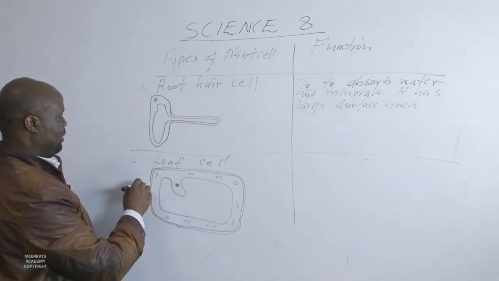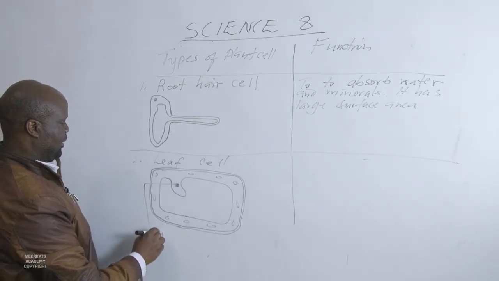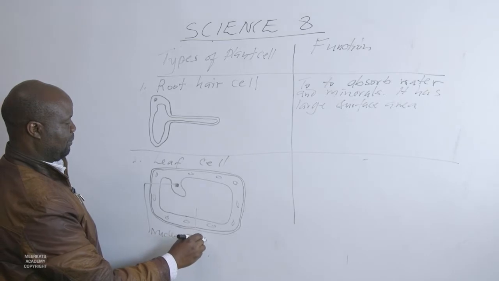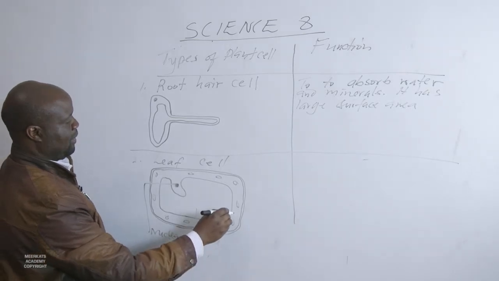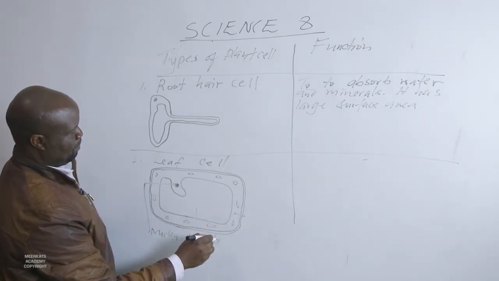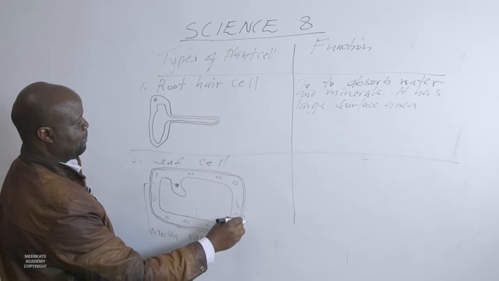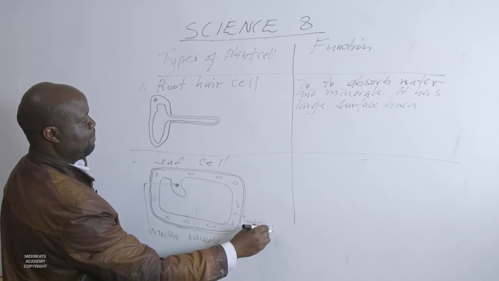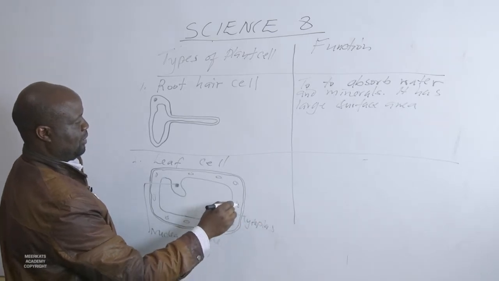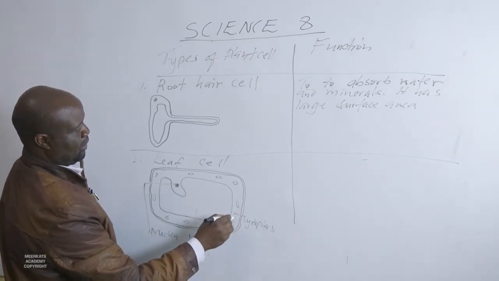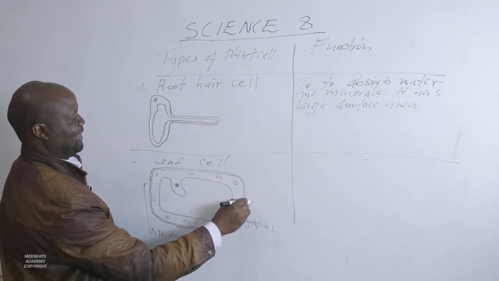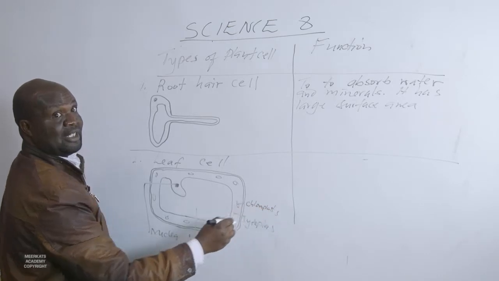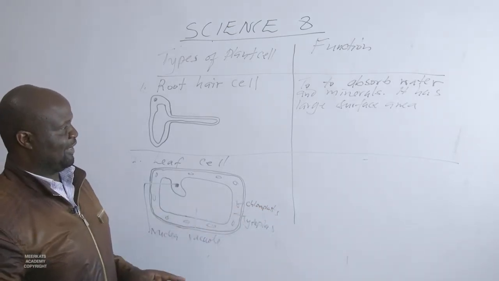In between here, we have our nucleus. Between is the cell vacuole. In between here, we have the cytoplasm. And then these ones are chloroplasts. Chloroplasts are dotted all over this area.